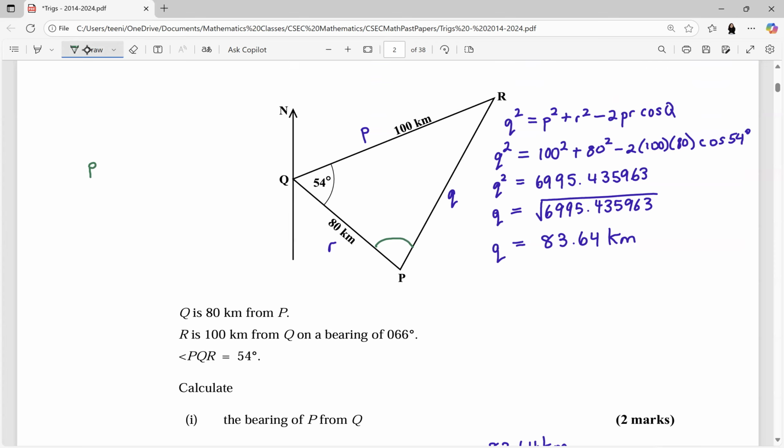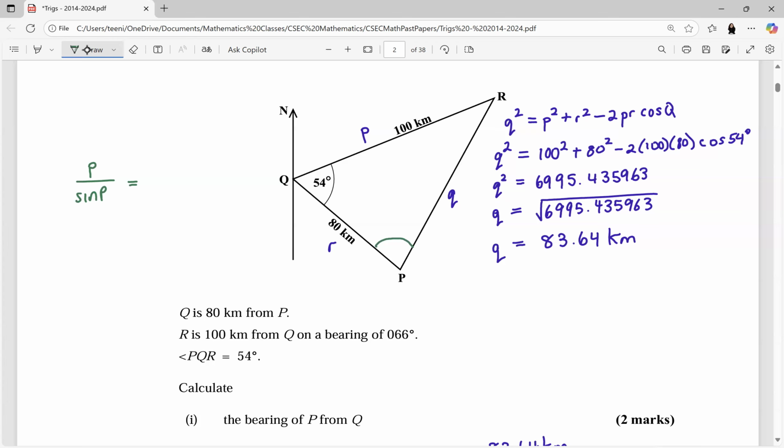P over sine P is equal to, oh, you know what? I do actually have to use what we worked out in part two, meaning the side PR, because that's the side opposite the given angle. So you have no choice.